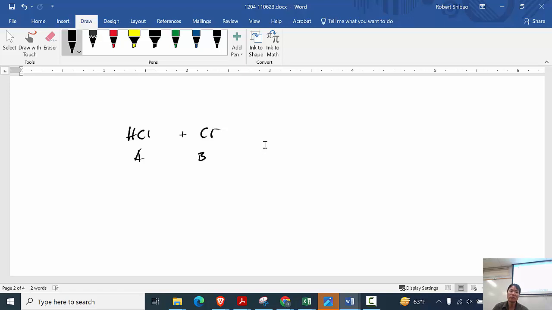This won't make a good buffer because chloride won't neutralize anything. Even though it is the conjugate base, it's a worthless base. So we can't use this. Both have to be weak, because that way the conjugates are still moderate. If you have a strong acid like this, its conjugate base is going to be worthless, or if you have a strong base, its conjugate acid is going to be worthless.